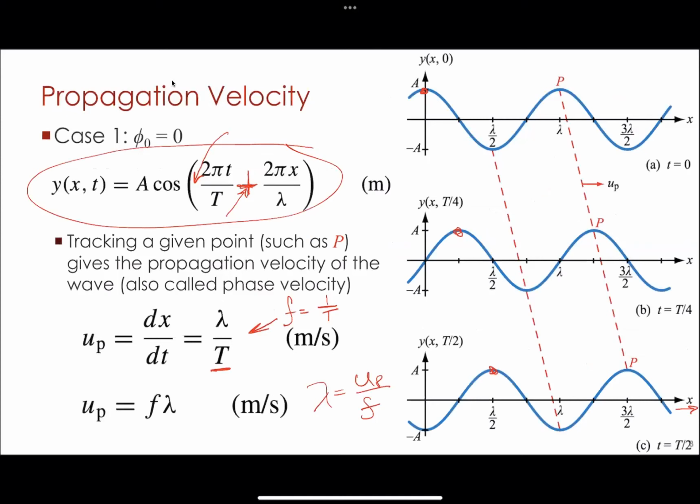The next one, when we have t equals capital T over 4, what's going to happen is, if we think about it in terms of the peak, instead of being shifted in that direction by lambda divided by 4, it's going to be shifted the other way. Over here, to minus lambda divided by 4. That's where the peak's going to be.